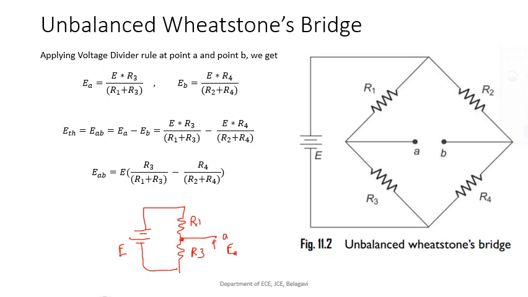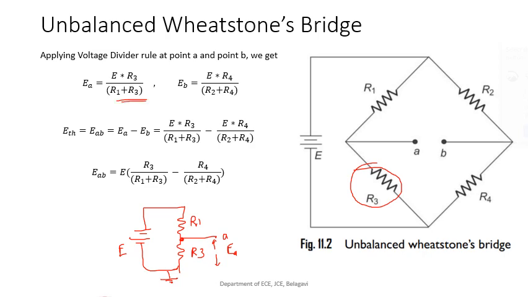EA is the voltage across R3, assuming that this is grounded, which is my reference. So EA, or ER3, is the same. You have to find the voltage across R3, and that is your EA, which is given by E into R3 divided by R1 plus R3.